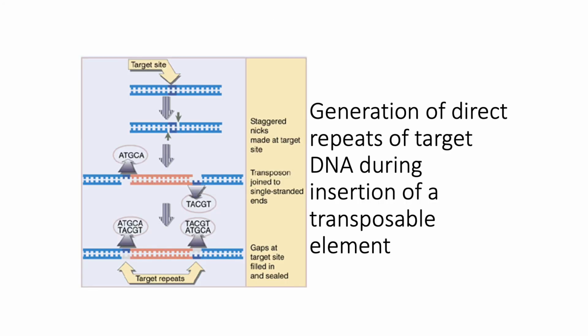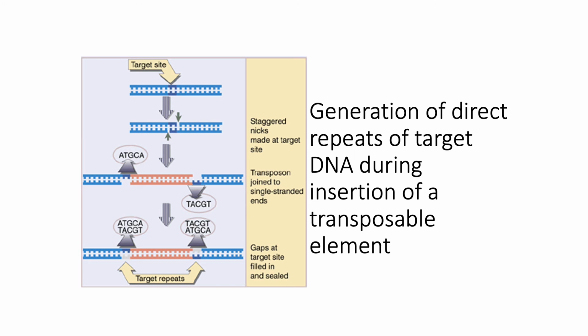So when a transposable element inserts itself into the genome, it makes a staggered cut in that genome, as shown in this figure. So it cuts the 2 strands at different locations.